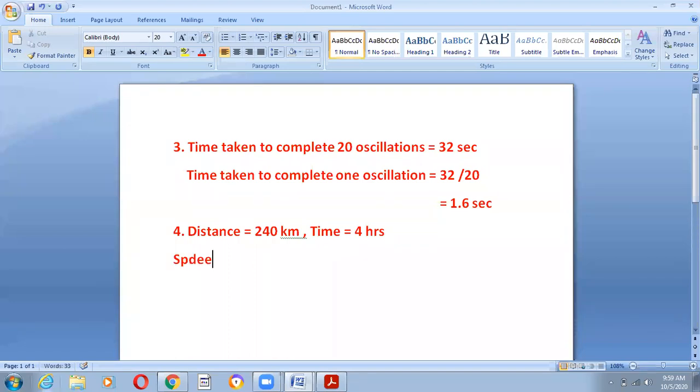So we know the formula for speed is equal to distance upon time. So put the values here. Speed will be equal to distance 240 divided by 4. It will become 240 by 4. That is 60 kilometer per hour. So this is our speed.